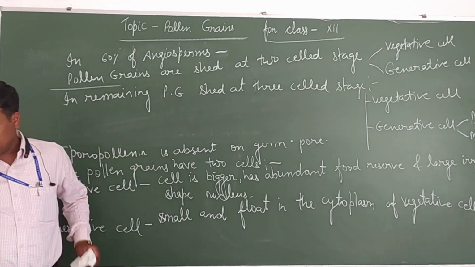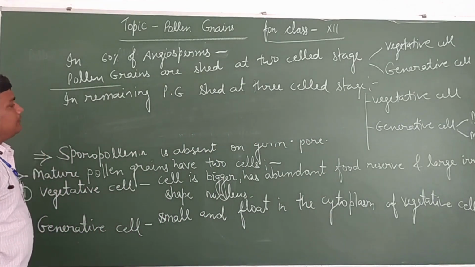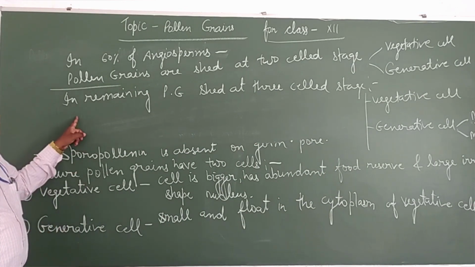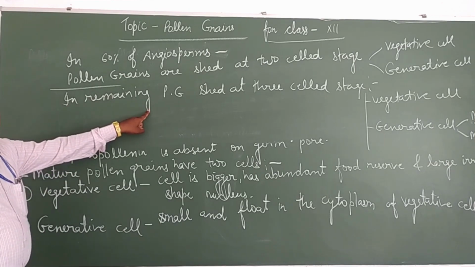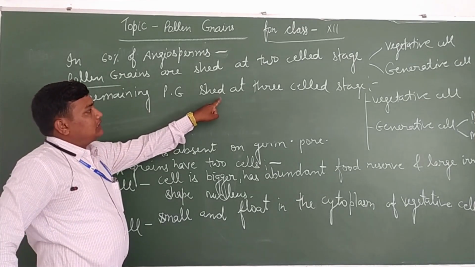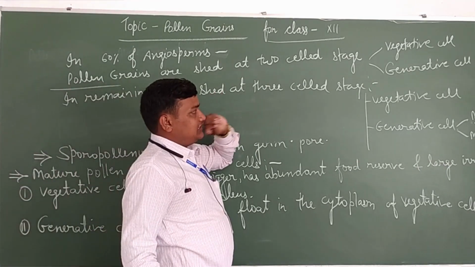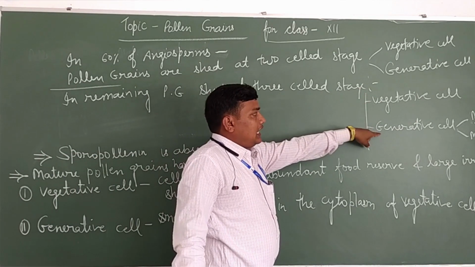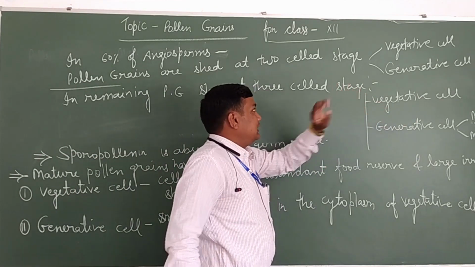In about 40% of angiosperms, before landing on the stigma the pollen grains develop into the three-cell stage. The vegetative cell and generative cell produce two male gametes, so it becomes three cells.